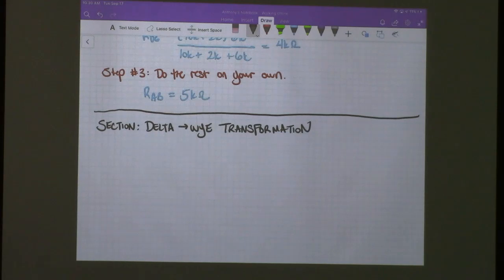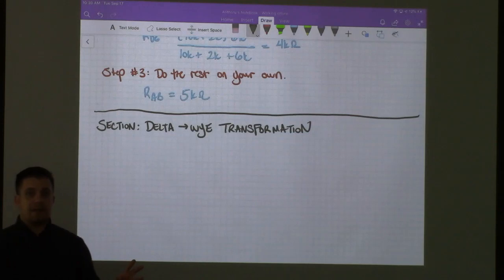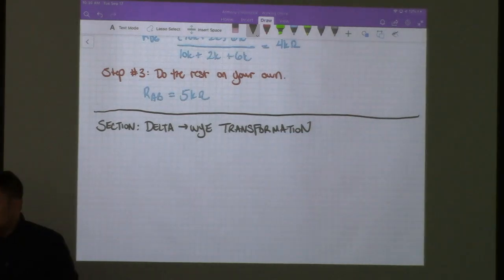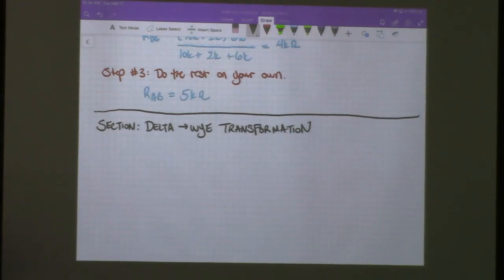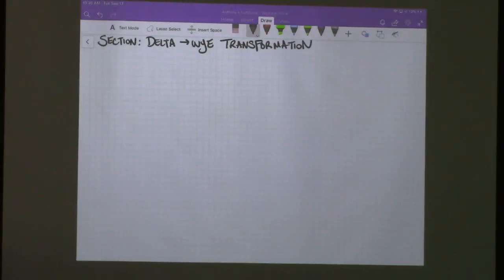There is one type of simplification that we haven't talked about yet that you cannot do using the current tools, the current methods that you have. So what happens if you see a combo of resistors that looks like this?